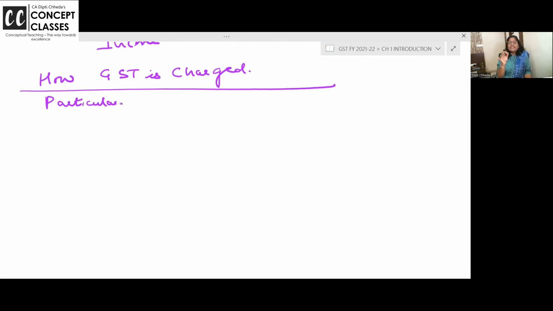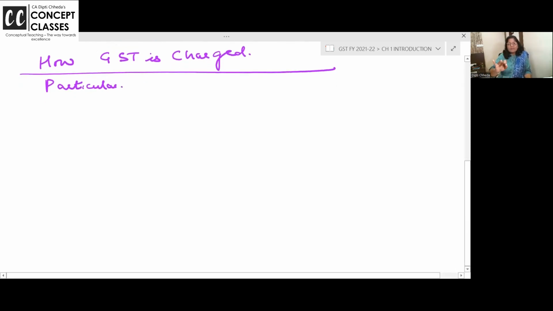And I'll take very simple figures and rates. The rates may not be the actual rate, please, dear students. Rate will be given to you in the exam, so we need not memorize the rates. We need not memorize the HSN code and all also. HSN code क्या वो भी मैं आपको बताती हूँ. Just wait for 2 minutes.